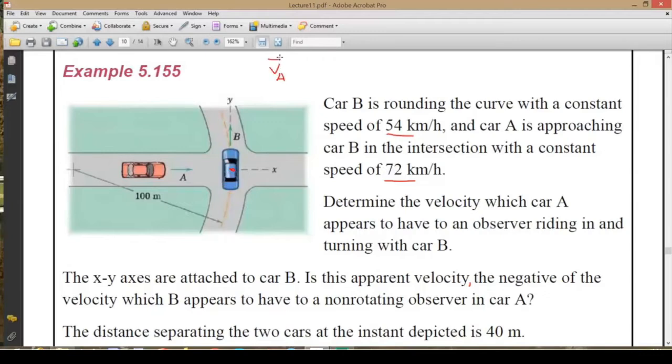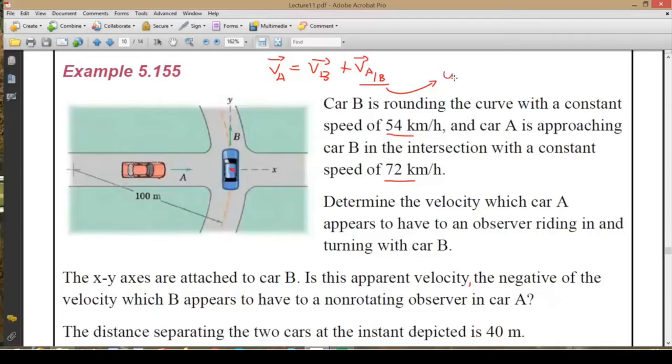Absolute velocity of A is equal to absolute velocity of B plus the relative velocity of A with respect to B. Now, this relative part is composed of two things.